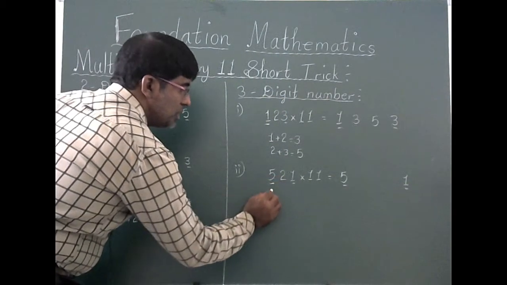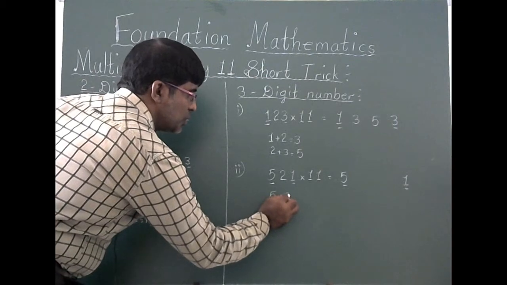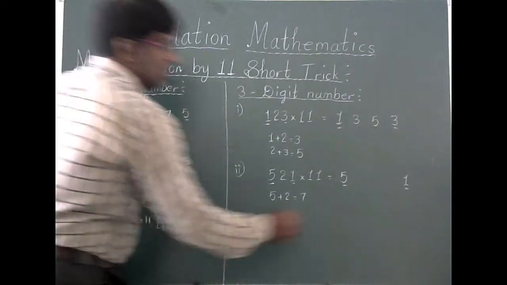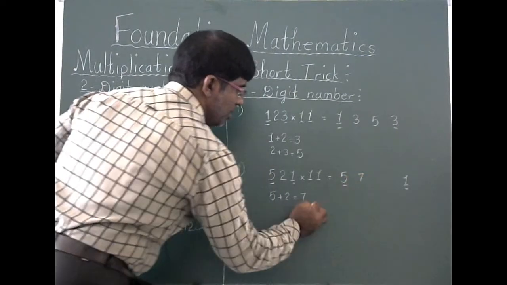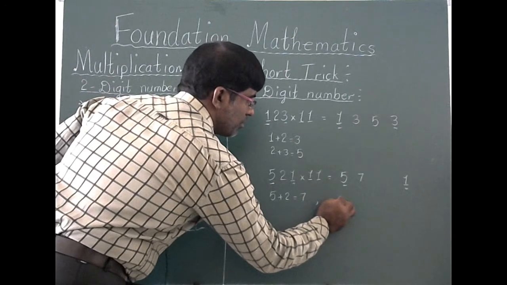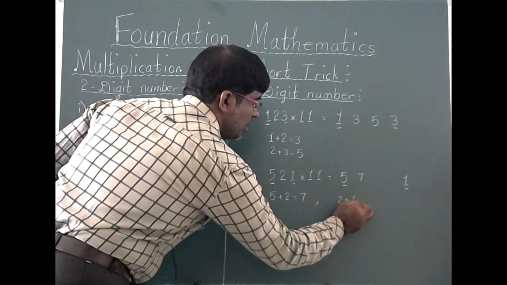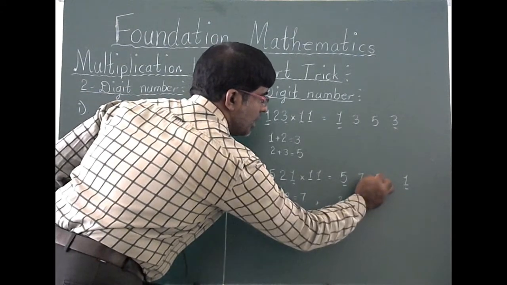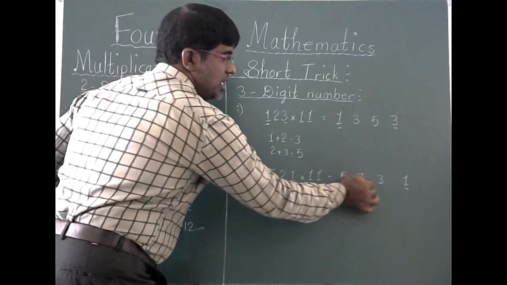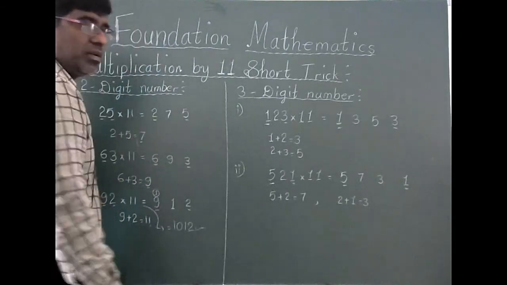But the sum of these two digits, 5 plus 2 equals 7. I am writing it in the middle. Next, the sum of these two digits, 2 plus 1 equals 3. Write it in the middle. So the answer is 5731.